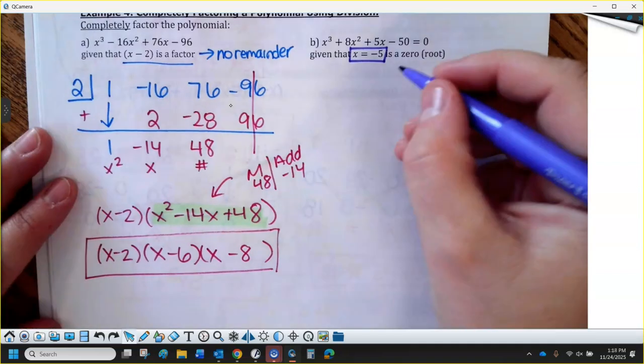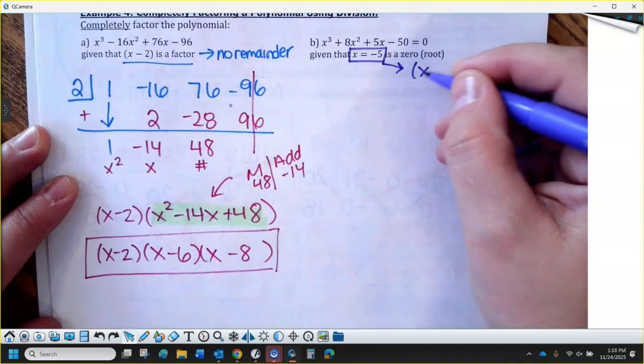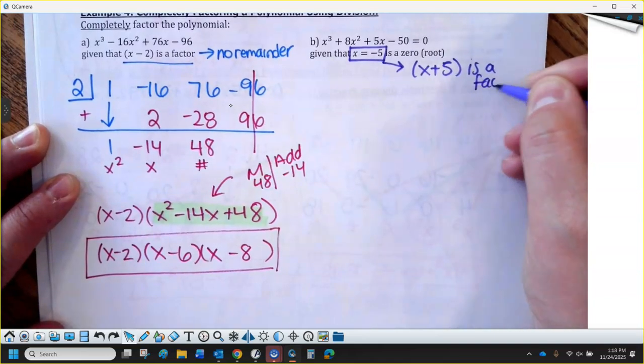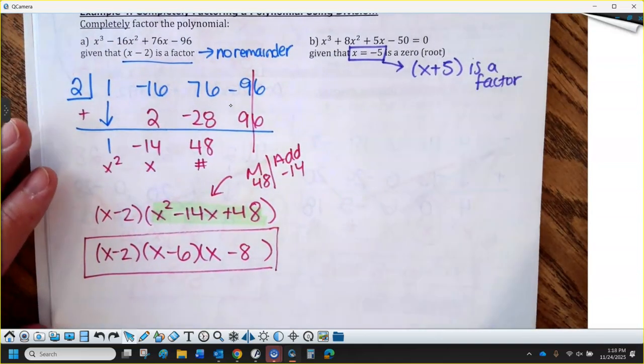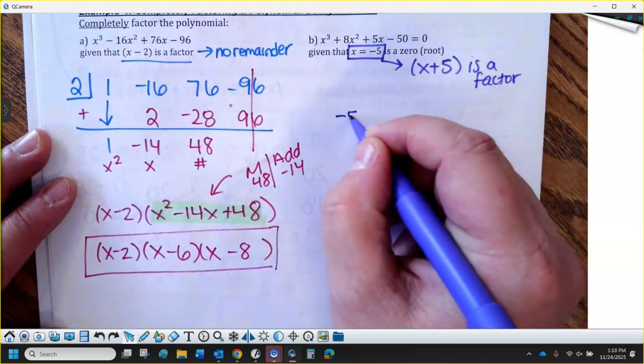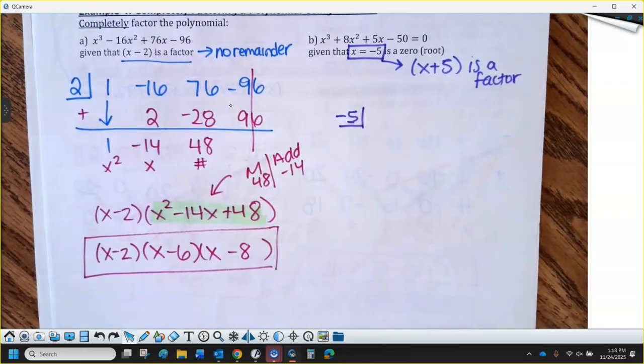Exactly. All right, so if this is a 0, then x plus 5 is going to be a factor. So if I know that, then I can divide that into that polynomial, which is what I'm going to do. Whenever we've done that, we've switched what we've written from the format in the parentheses.